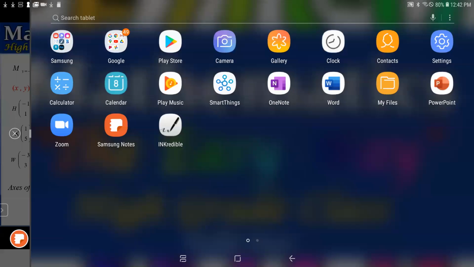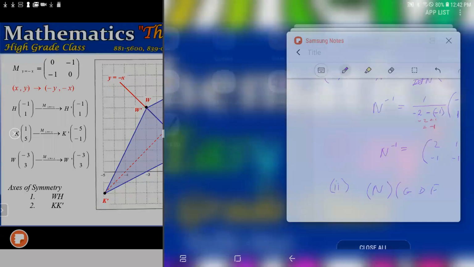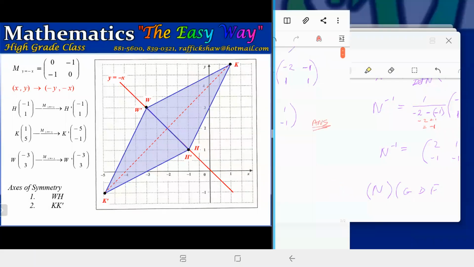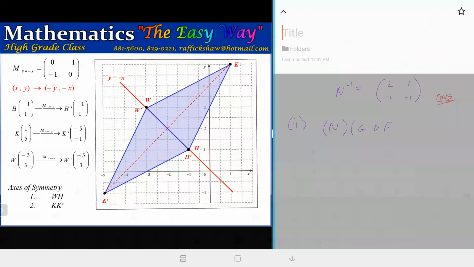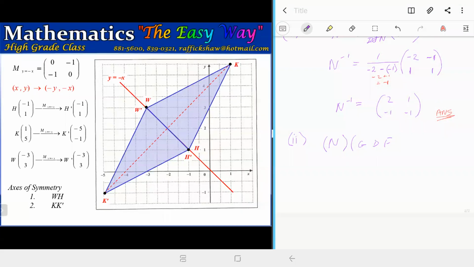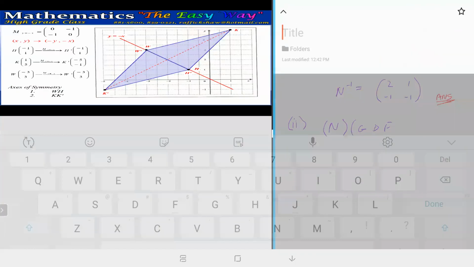Oh Lord, let's go back. I think I keep pressing the wrong thing. All right, give me a second, guys. I pressed the wrong thing.